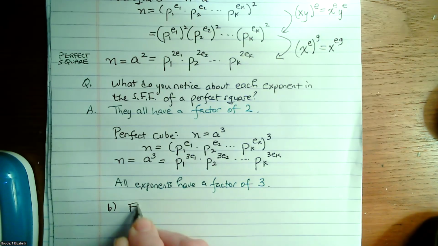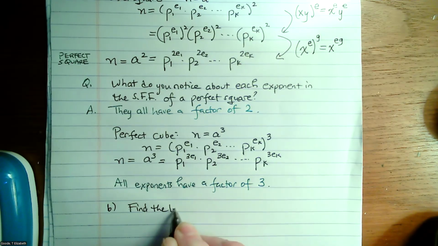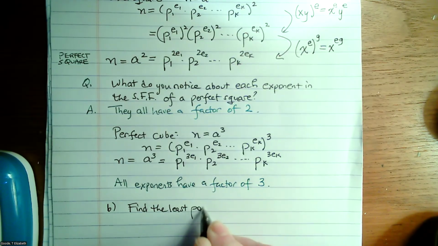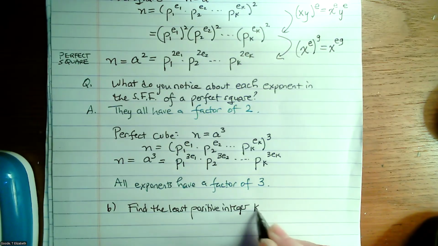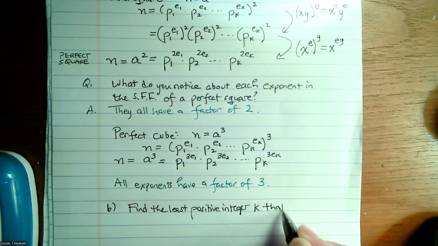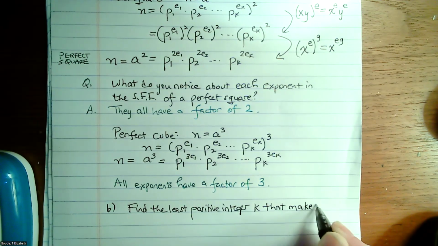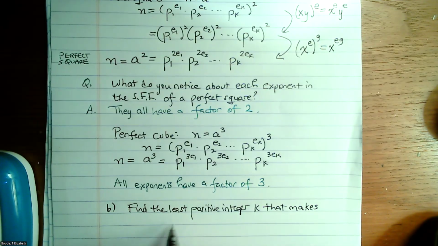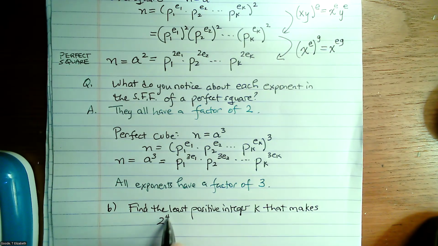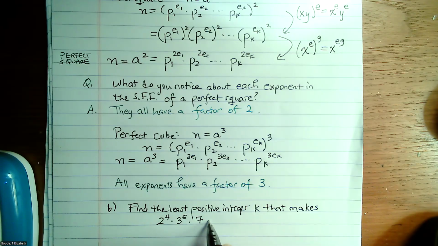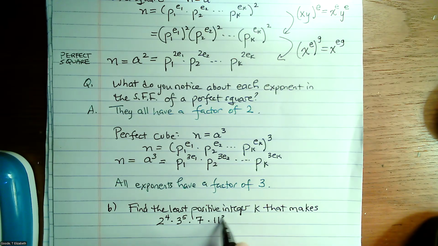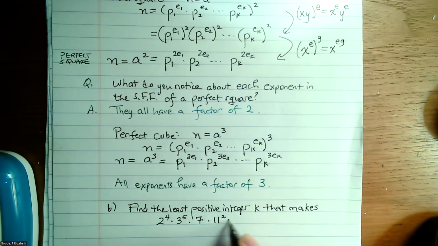So the next game, and I really like this game, and you're going to read it to me. It says, find the least positive integer k that makes, now can you read to me all the factors? 2 to the fourth, times 3 to the fifth, times 7, times 11 squared, times k.